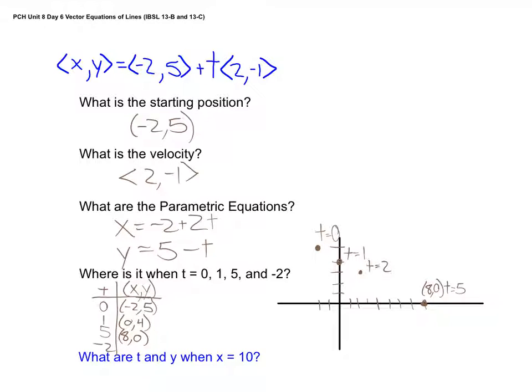Also, we can go back in time. If we just happen to start our clock when this was at (-2, 5), we can look at where it was 2 seconds before we happened to notice it. Plug in a negative 2, and you get negative 2 minus 4, which is negative 6, and 5 minus a negative 2 is a positive 7.